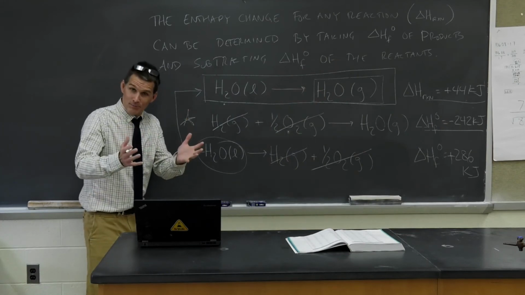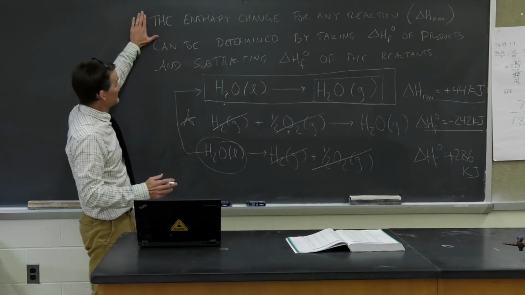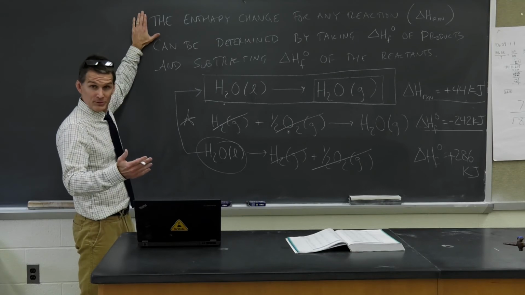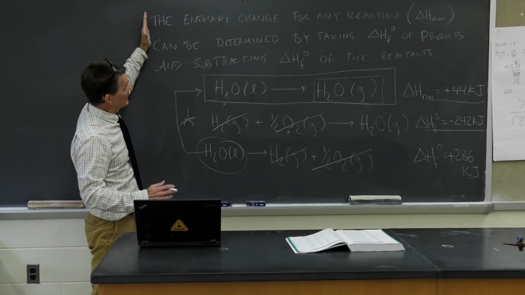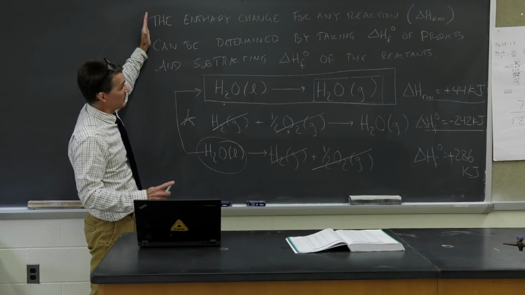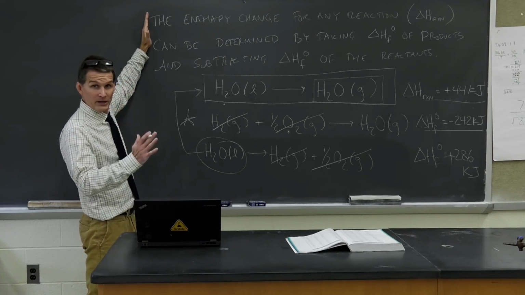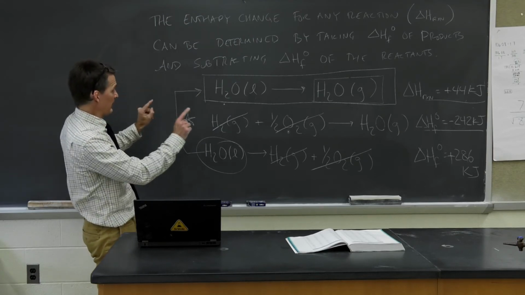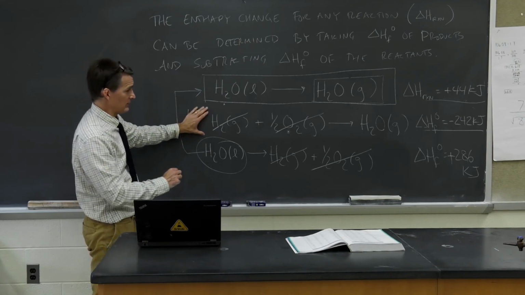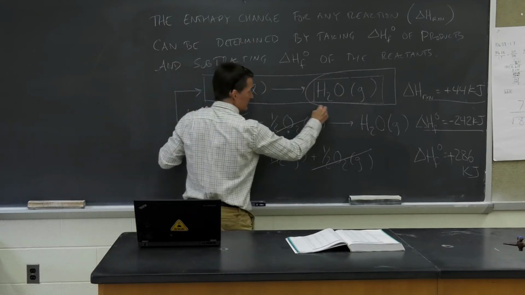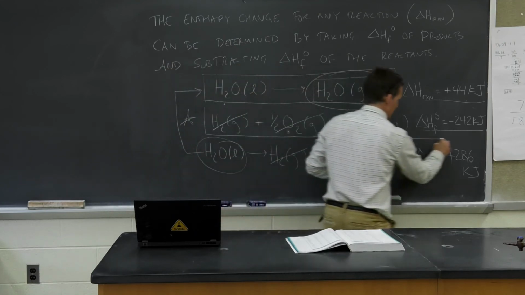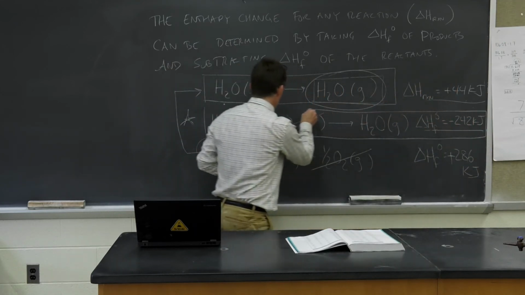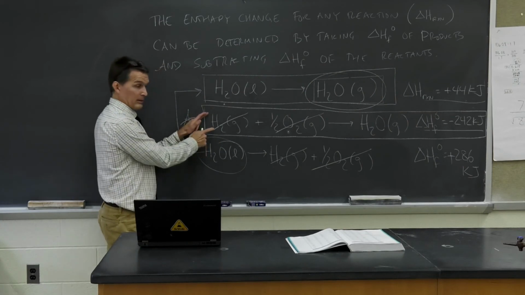So we're finally at the point where we can see what we're trying to get at with this particular sequence: the enthalpy change for a reaction can be determined by taking the enthalpy of formation of the products. Well, let's see, what's my product? That's this one, isn't it? Here's my product in the reaction that I want, and this is the equation that corresponds to the enthalpy of formation of my product.